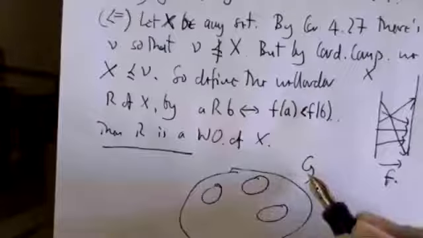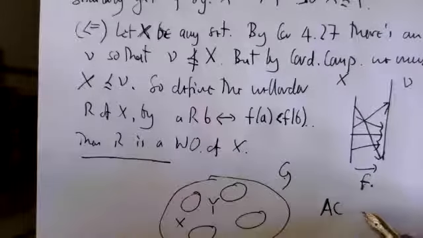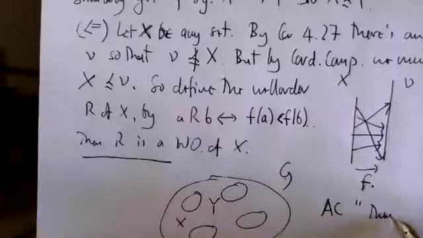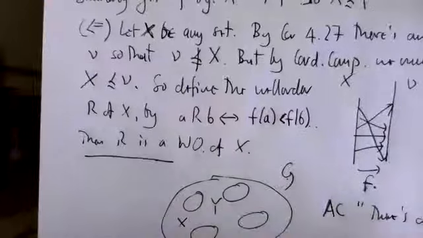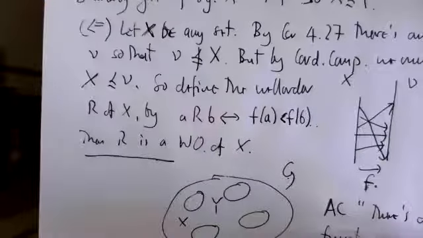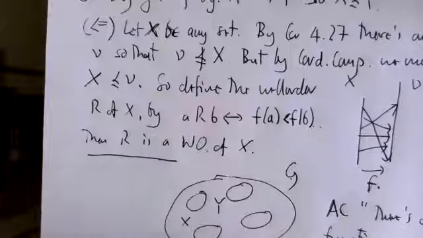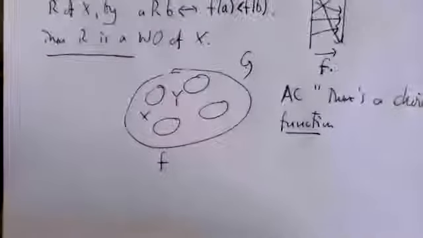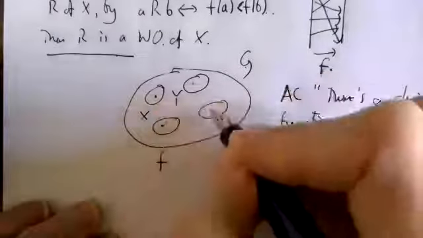Here are the different non-empty sets, X and Y. So AC says there's a choice function, which I take is what this question is about. So there's a function F so that it picks out one element of each of these sets.